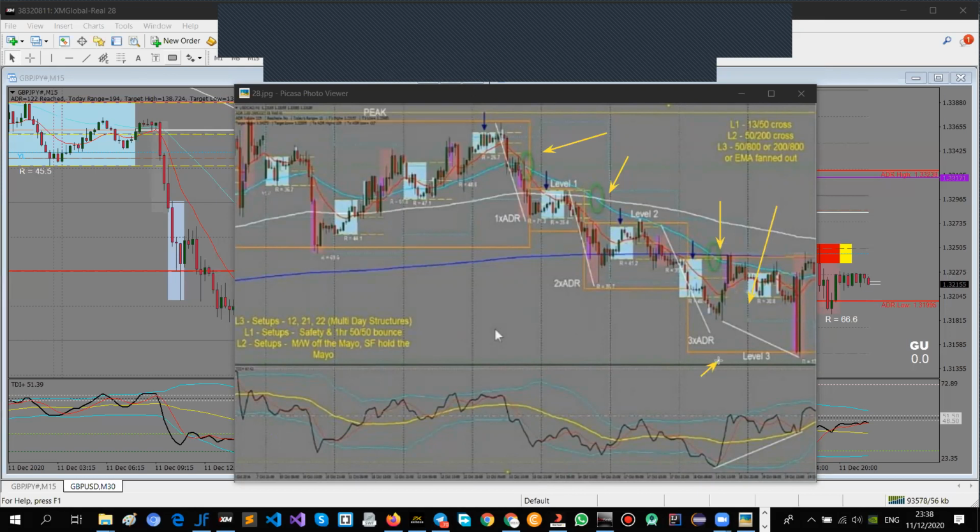We have divergence coming into play with the ADR, counting levels using the ADR right there. Counting levels using the Asian box stacking right there, right there, right there. Just same things, guys.